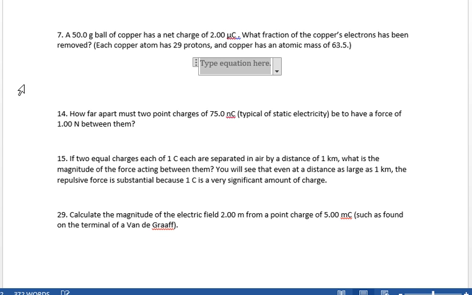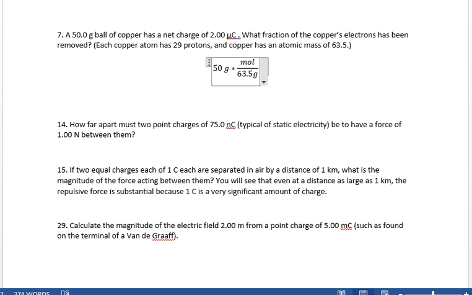So we have 50 grams of copper times a mole per 63.5 grams, which gives us how many moles we have of copper, times 6.02 times 10 to the 23rd particles or atoms per mole, Avogadro's number.